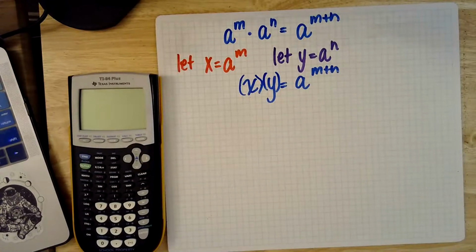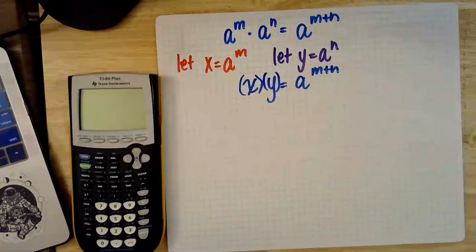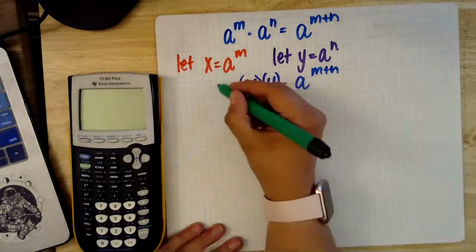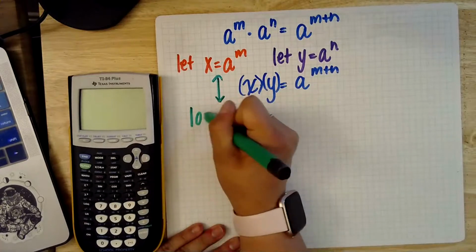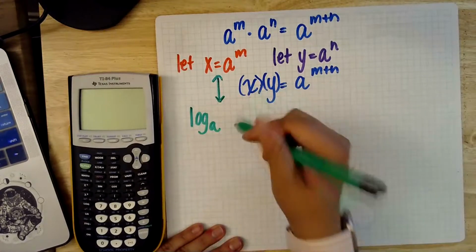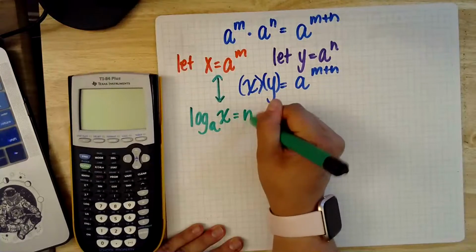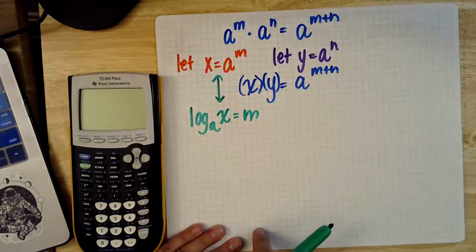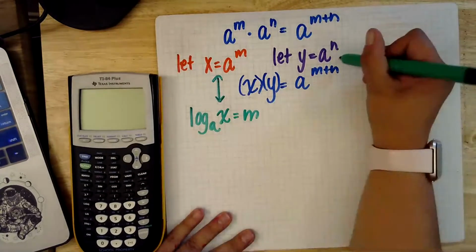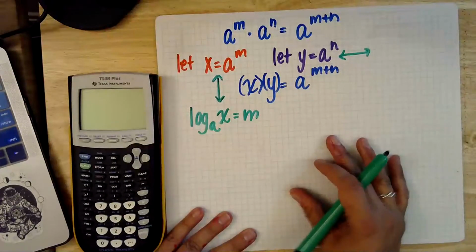Now I'm going to turn this into its logarithm format. Log base a of x is equal to m. Let's see if that's true: a to the m is equal to x. I hope you can see that, yes? And I'm going to do the same thing with this guy, turning it into its logarithm.